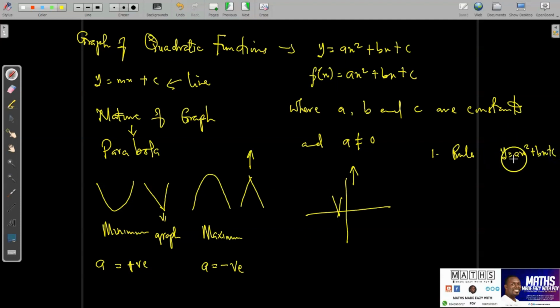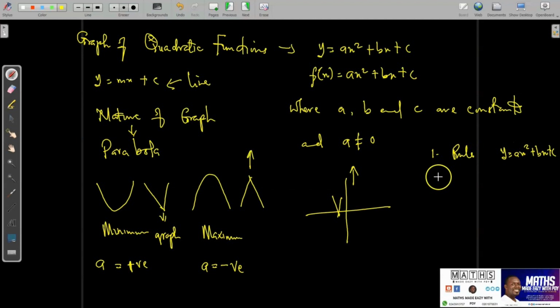Before you draw, you should know whether the graph will be minimum or maximum. It is the a value, the coefficient of x squared, that will tell you: if it is positive, it's going to be a minimum graph. If it is negative, it's going to be a maximum graph. I'll be asking some questions, so please note it down very well.